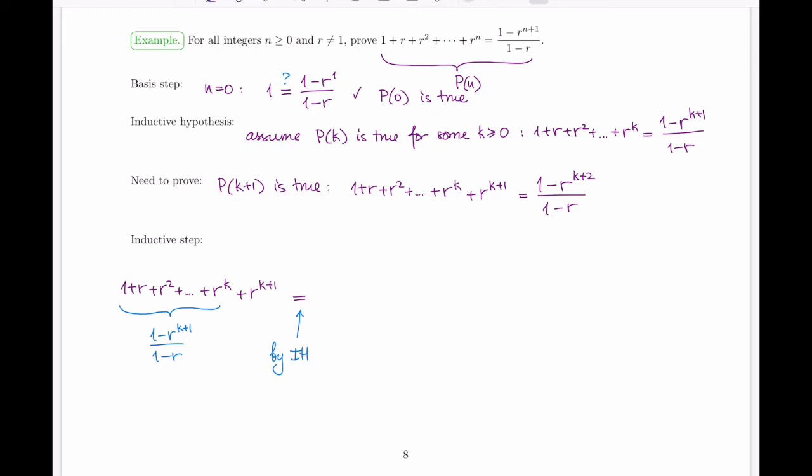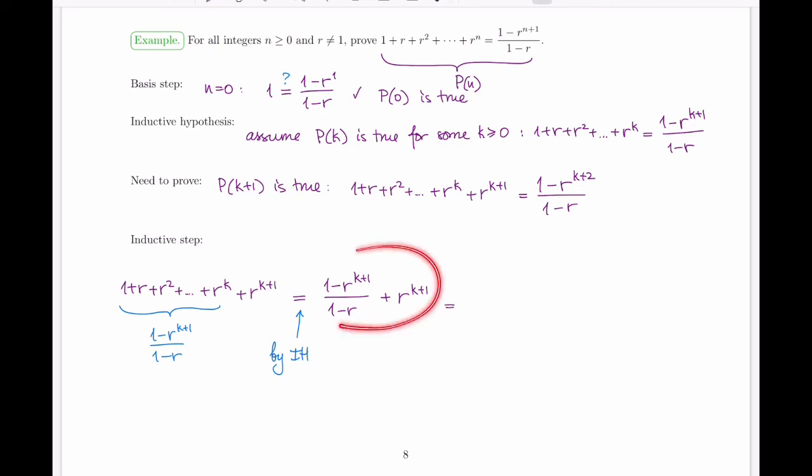I need to give a reason for why I can write this down as equality. So now I'm replacing that first chunk of my entire summation by this new expression, (1 minus r to the power of k plus 1) over (1 minus r), plus that last k plus first term that I've added.